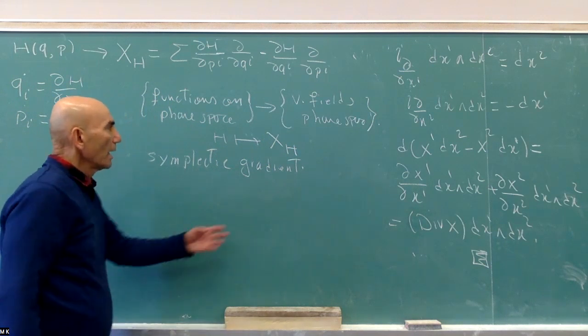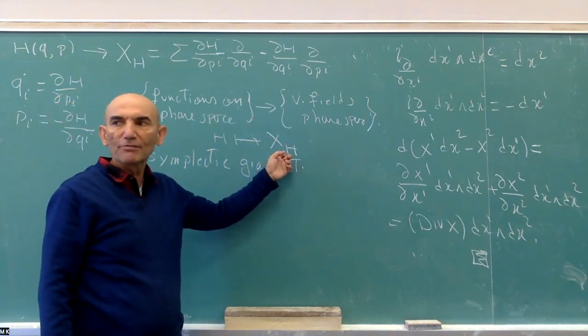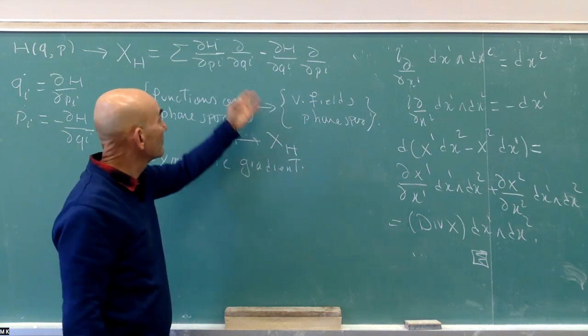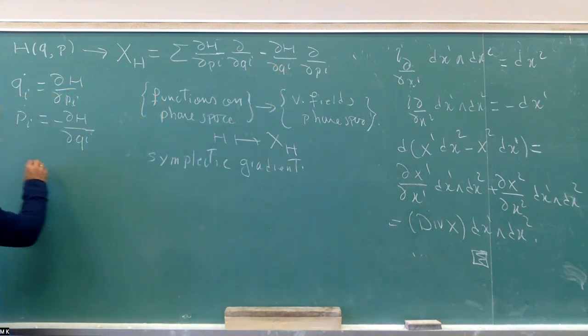Okay, so anyhow, what you notice is that the divergence of this is always zero. If you look at this vector field, its divergence is zero. It's trivial to see, right?